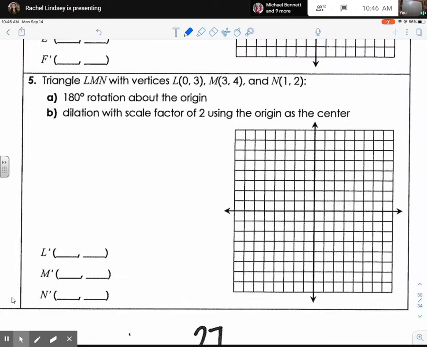So number 5, I'm gonna go ahead and plot that triangle at 0, 3, 3, 4, and 1, 2.